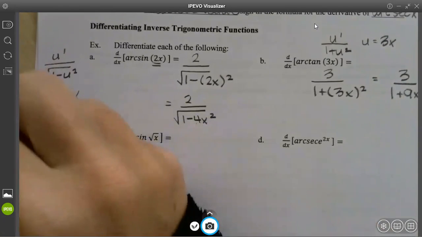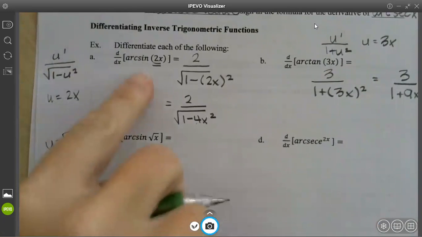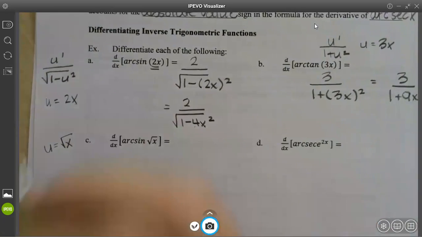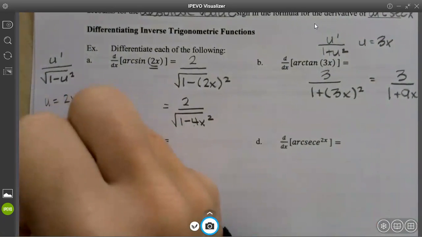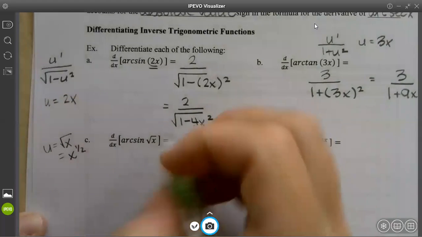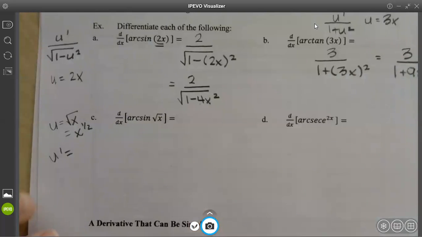On this one, our u is going to be square root of x. It's the same thing. We just got to take a better derivative. We can rewrite that as x to the 1/2. So on the top, we need to do our derivative of u. What is our derivative of u?